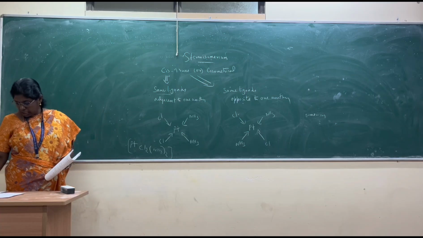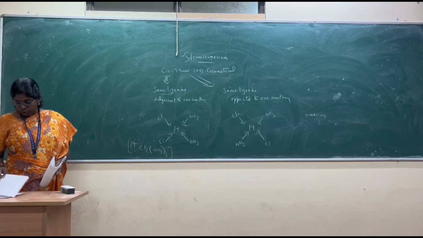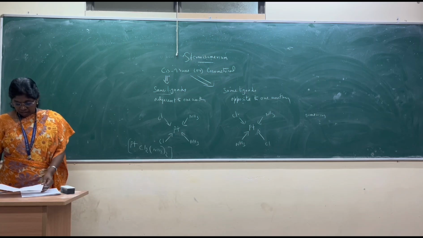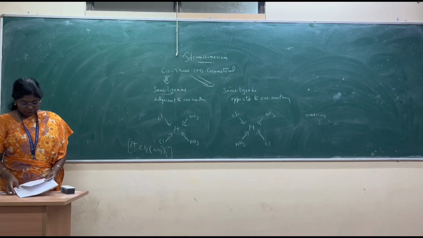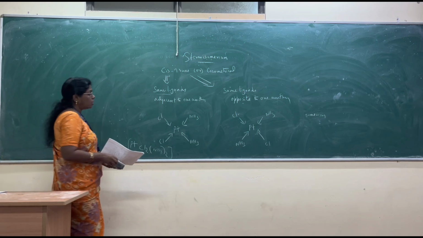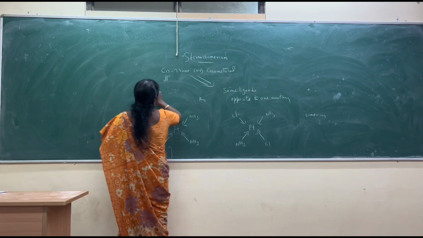And the next one is optical isomerism. It is a type of stereoisomerism. They have the ability to rotate the PPL. So what is PPL? It is plane polarized light.